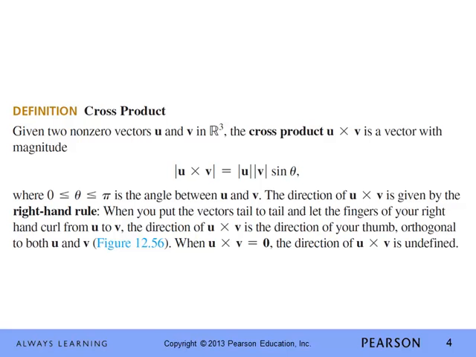And you want to know the direction of u cross v? Well, use the right-hand rule going up or down. Your thumb will point the way. But I'll actually show you the algebraic way of computing. This is more of a geometric way of computing the magnitude of the cross product.